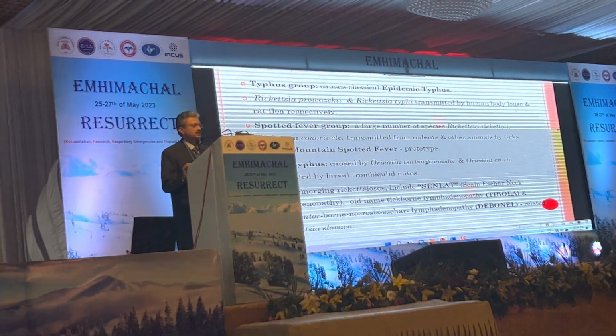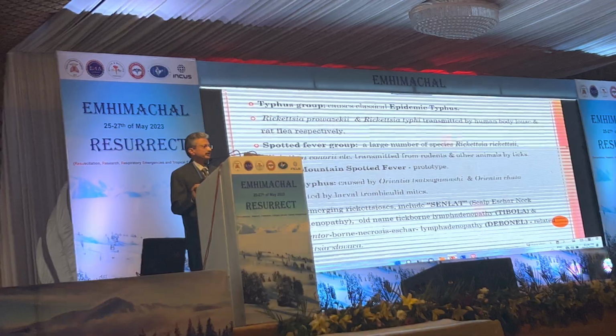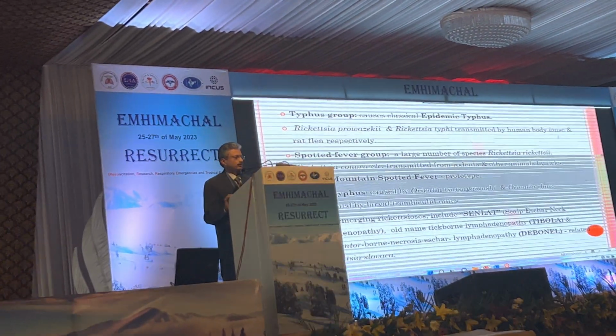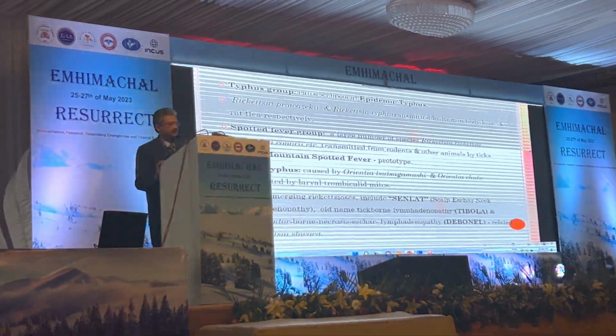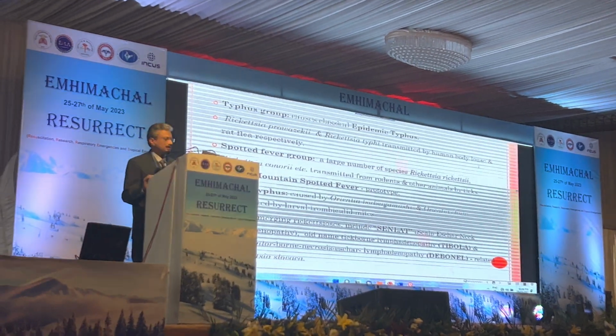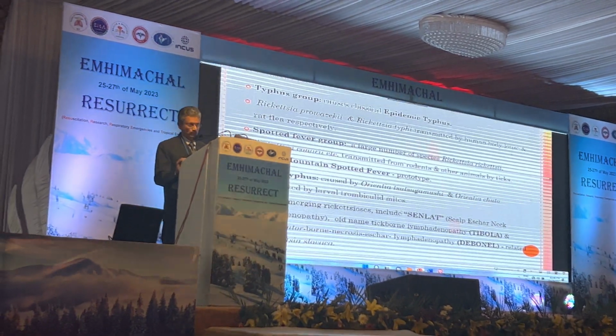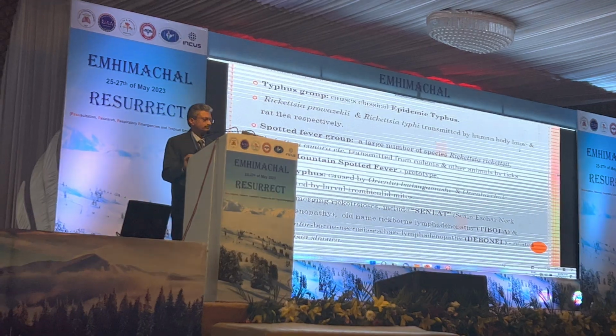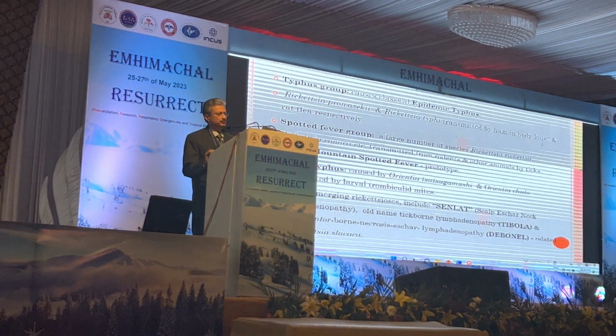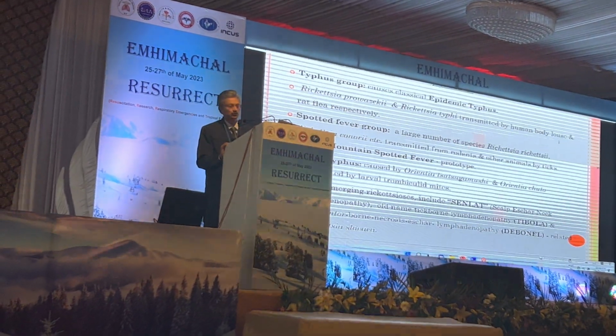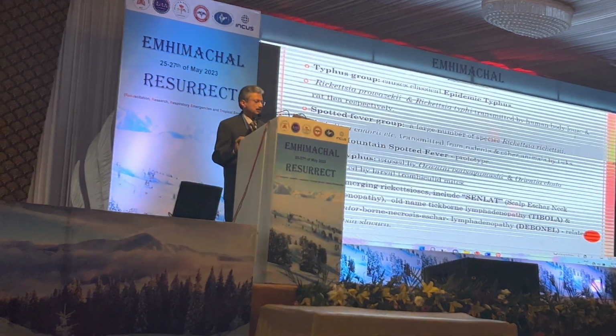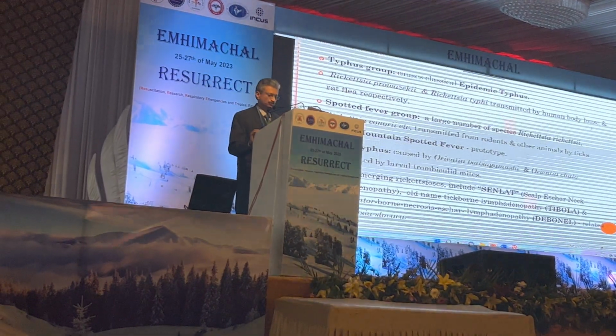There have been certain new or emerging rickettsioses. One is SENLAT, scalp eschar neck lymphadenopathy. The old name of this was TIBOLA. And Dermacentor-borne necrosis eschar lymphadenopathy, DEBONEL. These are related to Rickettsia slovaca.